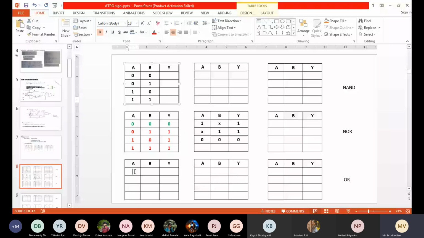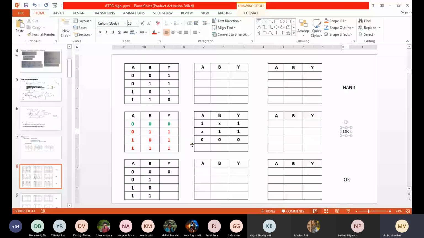If you have any doubt, you can ask me. I made a mistake. This is an OR truth table, right?